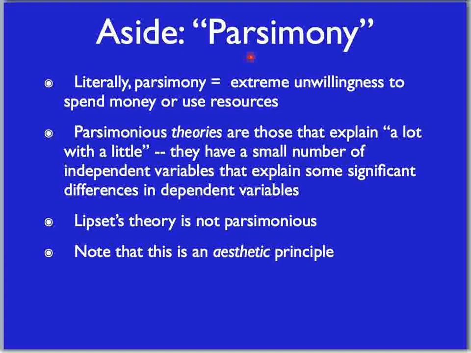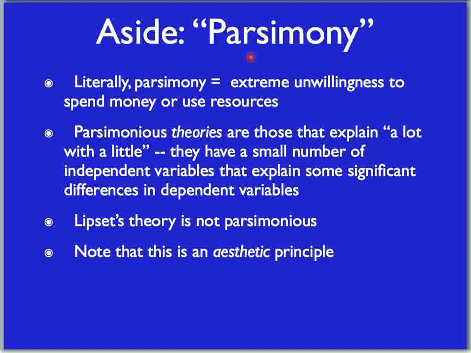Many people who practice social science consider parsimonious theories to be worth aiming for. After all, if you just describe everything, it seems like you haven't explained very much. Nonetheless, it's worth noting that this is just an aesthetic principle. It's not a scientific one. There's not any generalization you can say that a better theory will always be simpler than a worse theory.